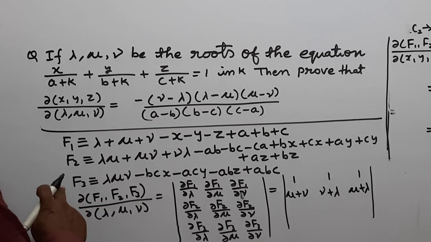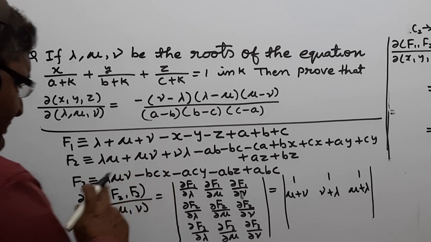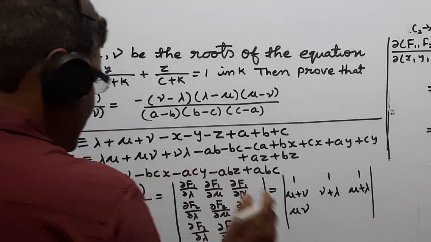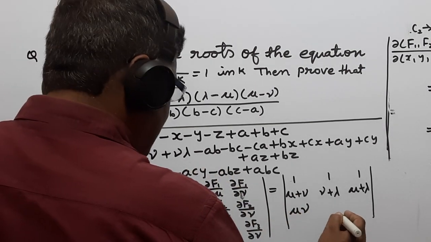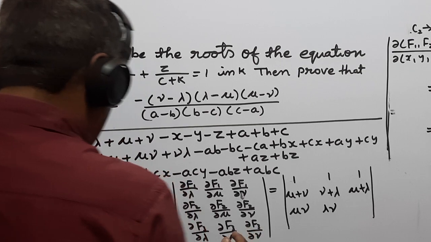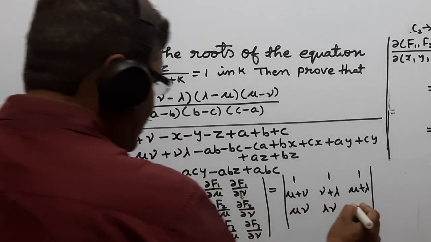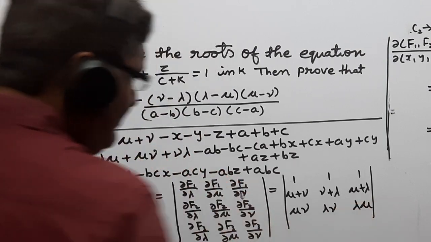Similarly, we differentiate f3 partially with respect to lambda, we get mu nu. With respect to mu, we get lambda nu, and we differentiate f3 partially with respect to nu, we get lambda mu.